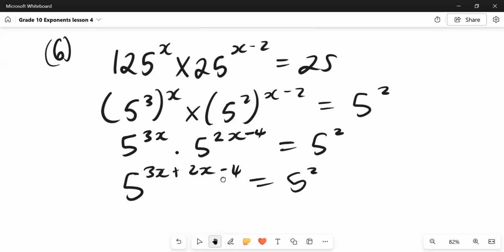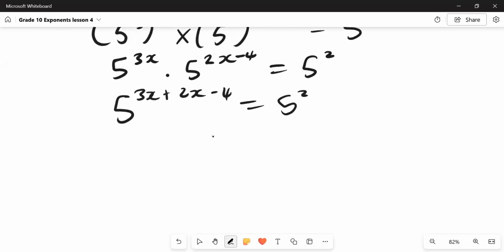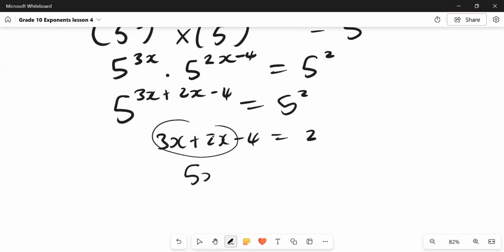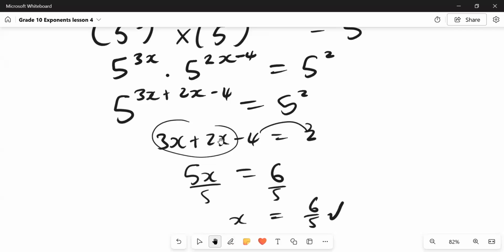Now drop down the bases. So you'll have 3x plus 2x minus 4 equals 2. These two will give us 5x. Transpose, this is equal to 6. Divide both sides by 5. x is equal to 6 over 5. I hope it makes sense.